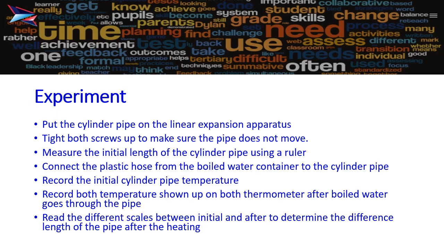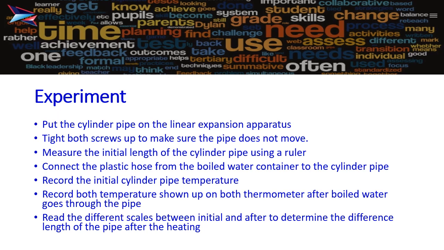Then the fourth step is to connect the plastic hose from the boiled water container to the cylinder pipe, and record the initial cylinder pipe temperature before you flow the boiled water through the pipe.